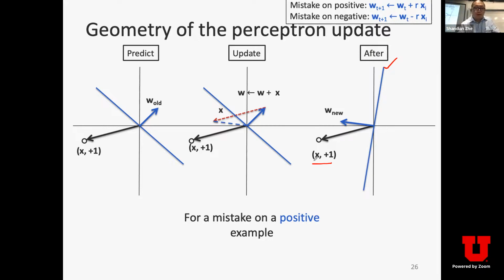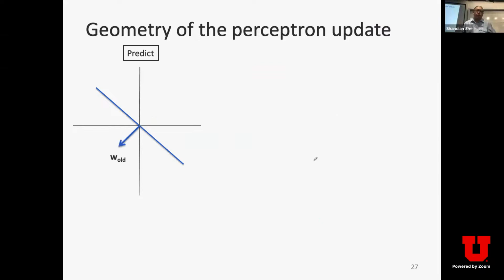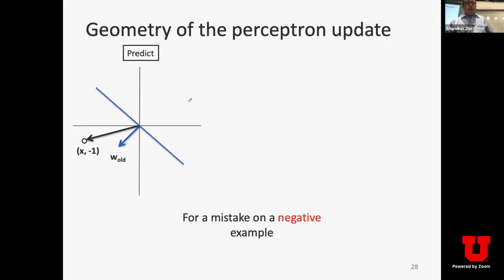Okay, so let us use another example to show what will happen if you make a mistake on a negative example. Suppose this is our current model, this is our weight vector, this is our classification hyperplane. Now I have a negative example here. If we use our current model to predict X, what is the label?